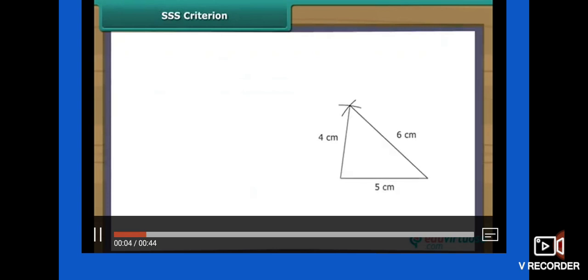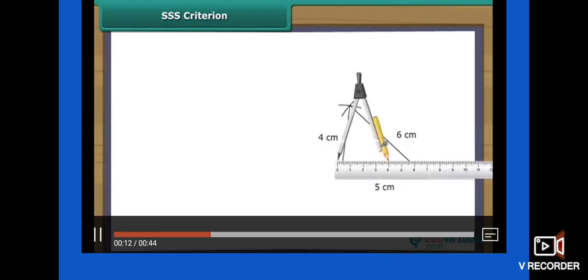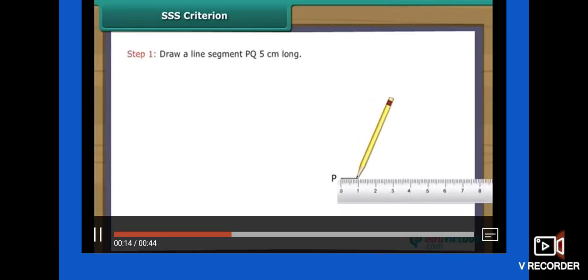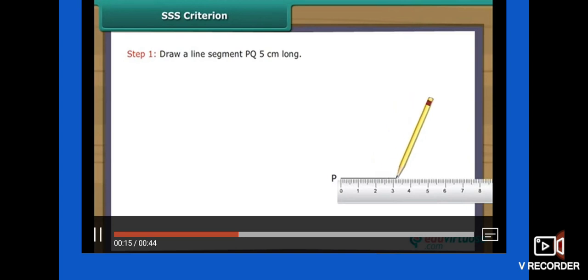This is the rough diagram for you: 5 centimeter, 4 centimeter and 6 centimeter. Next, let's see how we construct the triangle. First we draw a line segment PQ with 5 centimeter length.